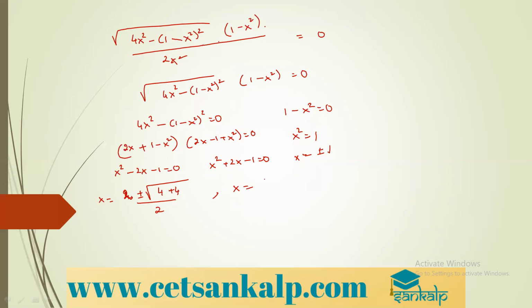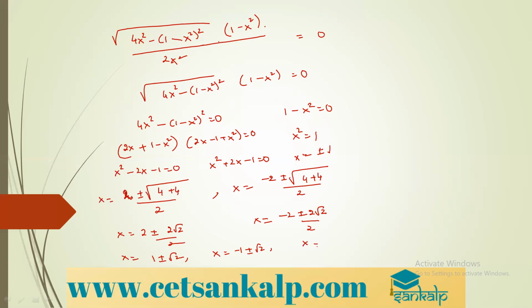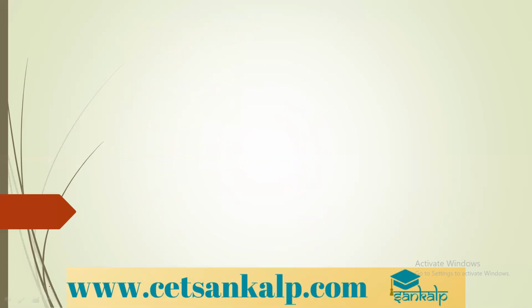So x will be 2 plus or minus square root of 8, which is 2 root 2, over 2. And here x is minus 2 plus or minus 2 square root 2 over 2. So x is 1 plus or minus root 2. x is minus 1 plus or minus root 2. And x equal to plus or minus 1. This is how we can find the solution.